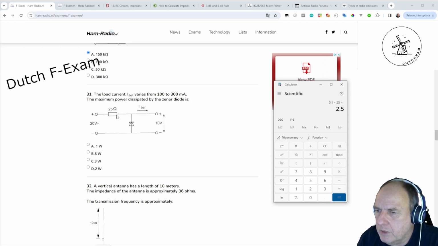So that would mean that with the 100 milliamps out, the Zener diode has to dissipate 7 volts or 7.5 volts to bring the voltage down from 20 to 10 volts.